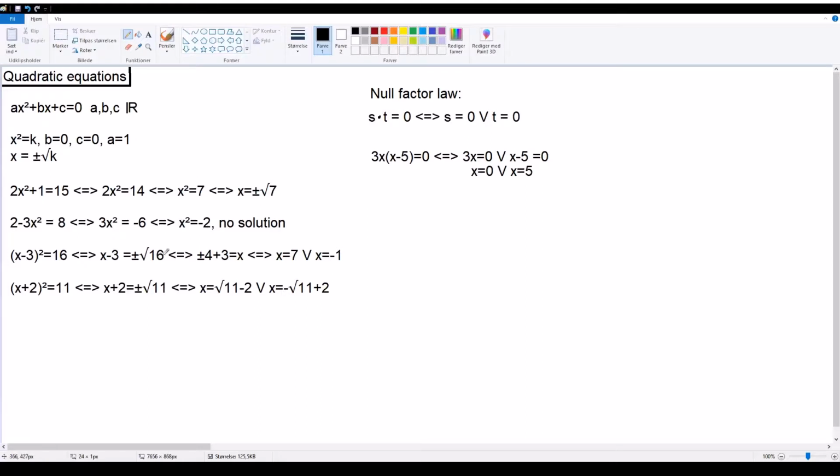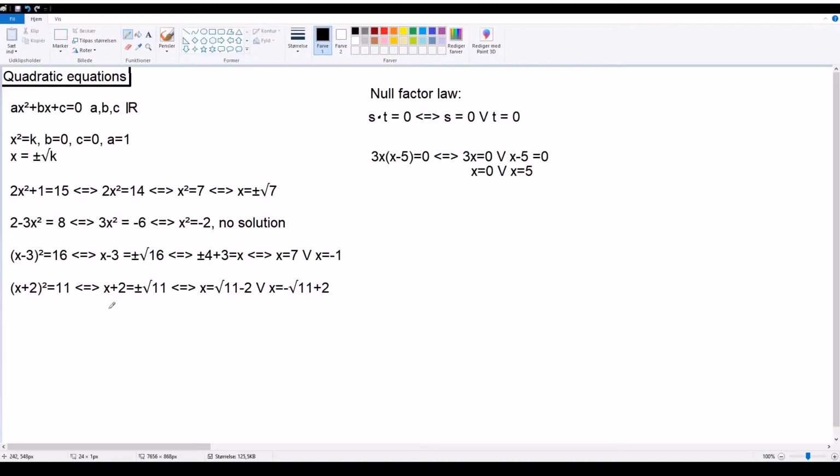Then you take the actual square root of 16, which is equal to either plus minus 4, plus 3 equals x, and that can then be split into either x is equal to 7 and/or x is equal to negative 1, as 4 plus 3 is equal to 7, but negative 4 plus 3 is equal to negative 1.